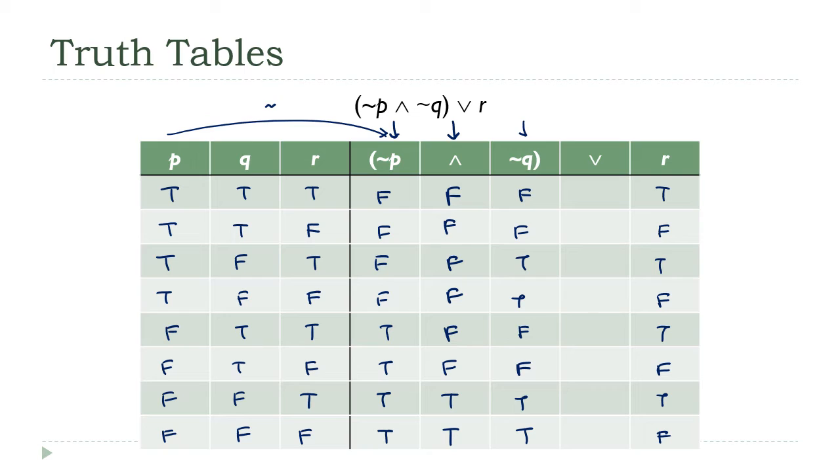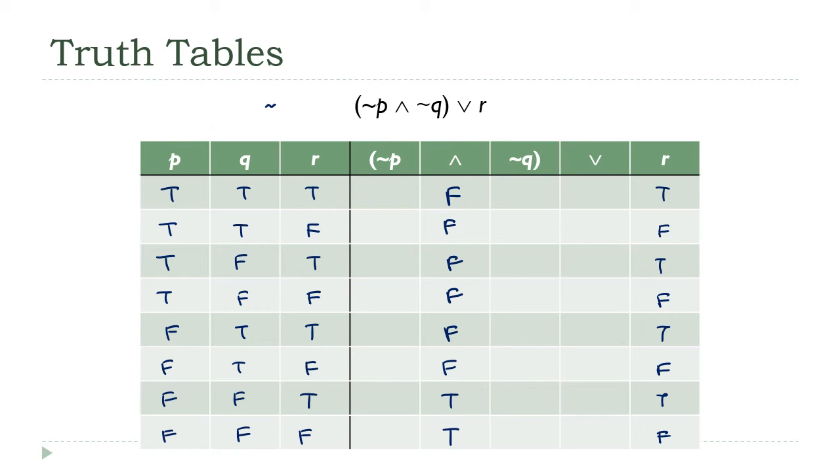Okay, so now we have simplified these parentheses, right? These parentheses are now down to just 1 column, so I don't need these anymore. You can leave them in there if you like. I like to just unclutter it here a little bit. So now I'm going to do this or here in the middle. And to do the or, I'm going to look at this column and this column.